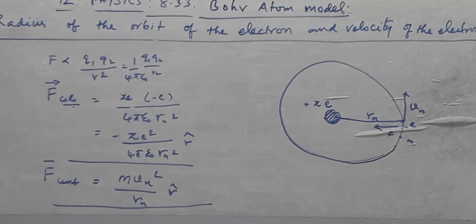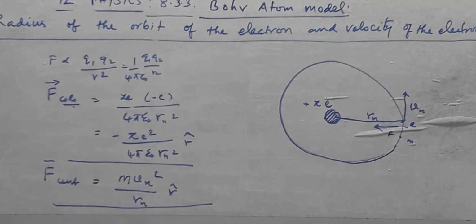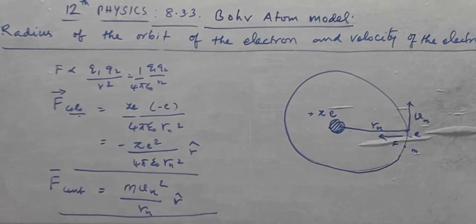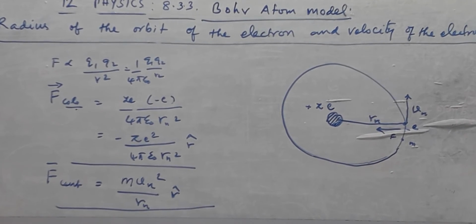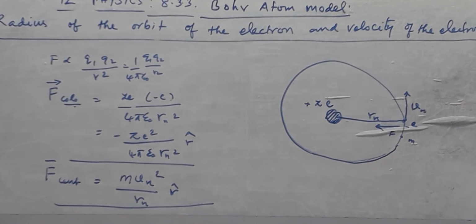The force of attraction is equal to the centripetal force m vn square by rn.